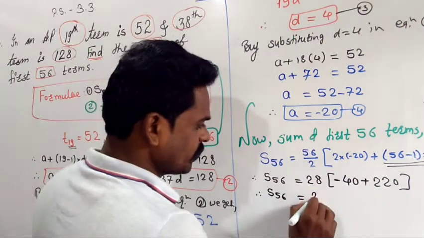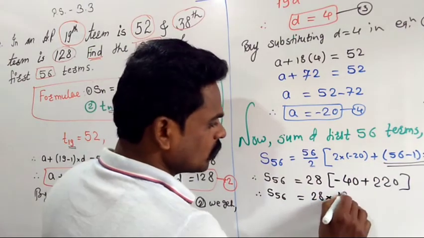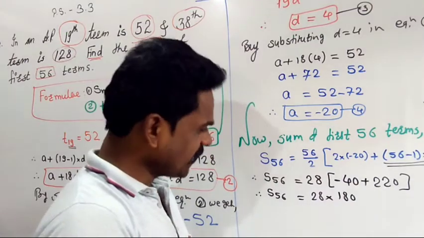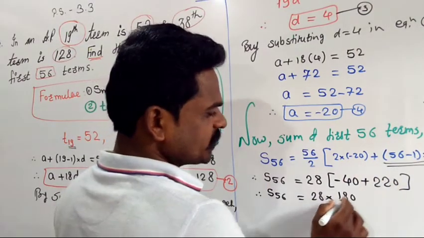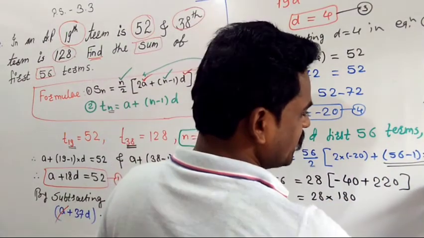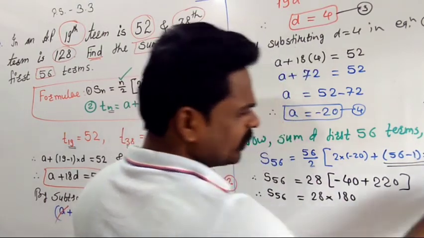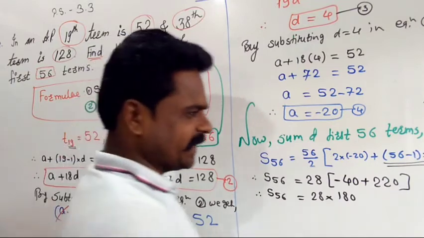S56 is equal to 28 into 180, because this is simple subtraction. 220 minus 40 is 180. So 180 into 28.